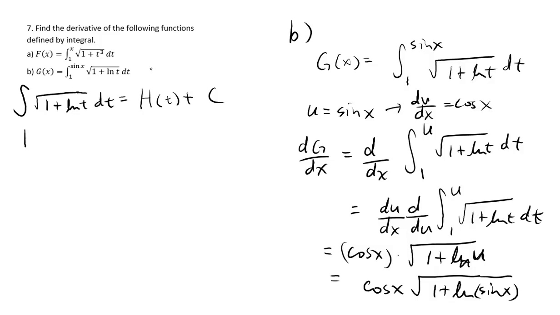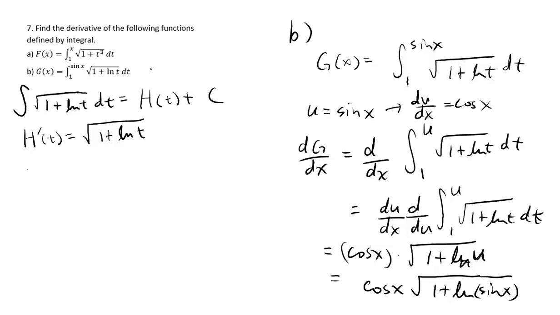The only thing that we do know about h of t is that if you differentiate h of t, then it's going to recover what you integrated. So that's basically the only thing that we know about h of t. It's the fact that its derivative is square root of 1 plus ln of t.